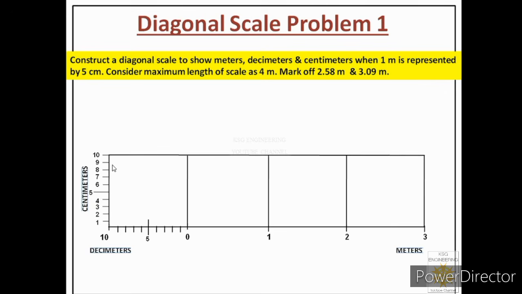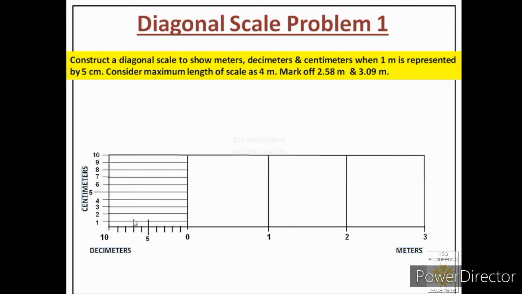In the next step, from all these points, let us draw horizontal lines up to this particular line, and we will keep these lines thin. We will draw these lines with the help of a ruler, so that these lines are parallel to each other. After that, we will divide this particular length into 10 equal parts.